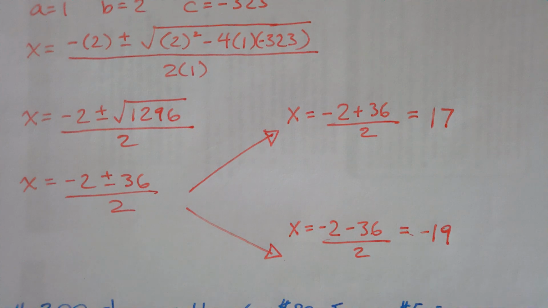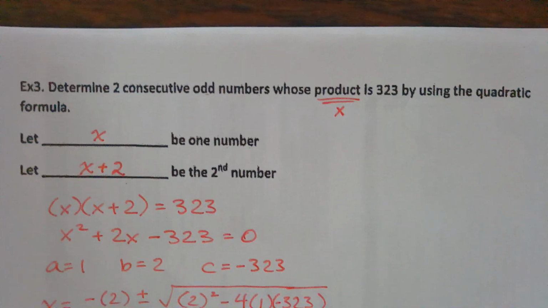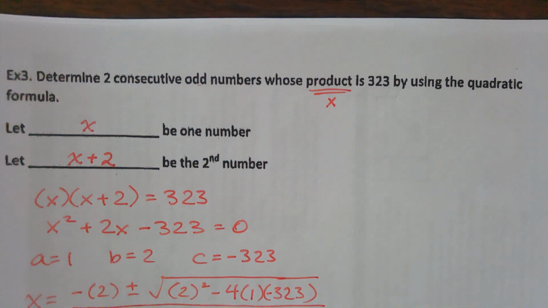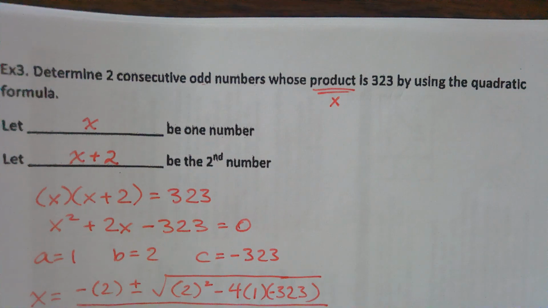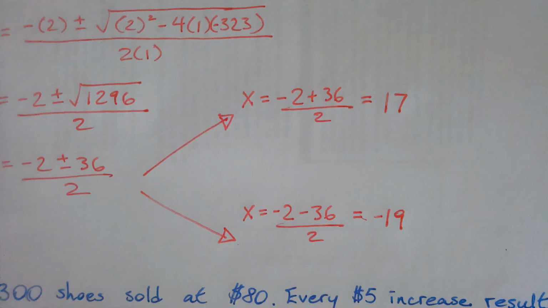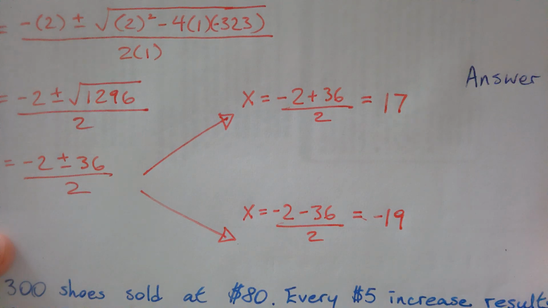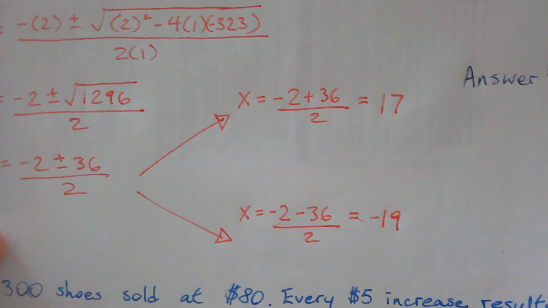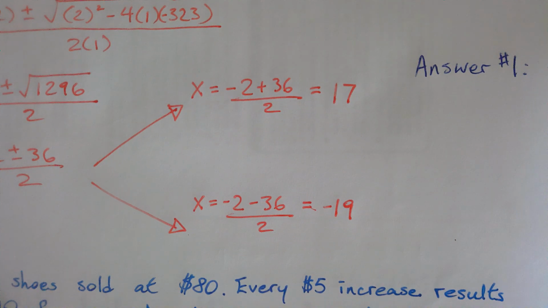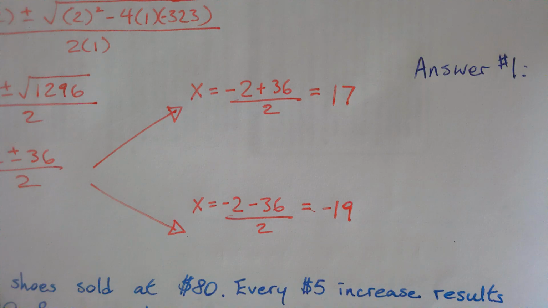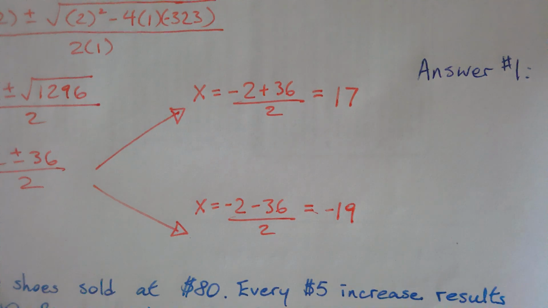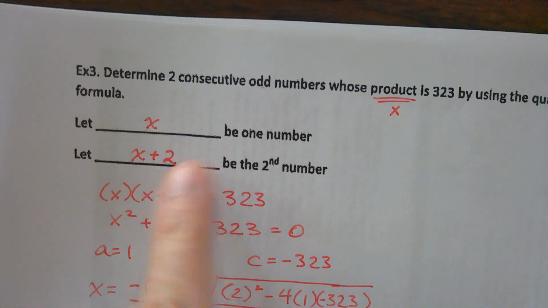Okay, so going back to my original question, determine 2 consecutive odd numbers. When I multiply, give me 323. So what's my answer number 1? So Dan, I think you had your hand up. Okay. Well, you don't really need to plug it in because I know it's just this, right?